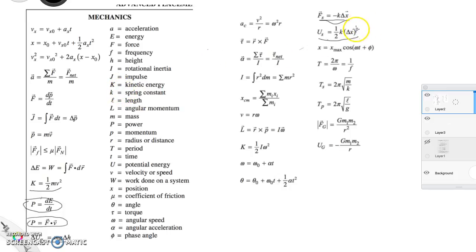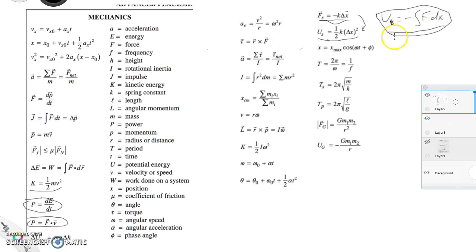And actually, this highlights a really important thing. This equation here comes from taking the integral of that. So the negative integral of F with respect to x, and let's make this general. Potential energy is equal to the negative integral of F with respect to x.